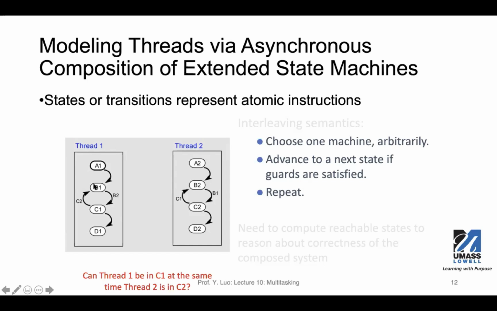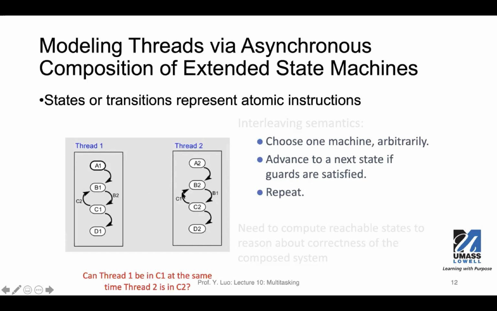As a result, thread 1 will transit to B1. Now the same thing happens because B1 and B2 are all true. So thread 1 will take another transition, and similarly, thread 2 will take another transition.